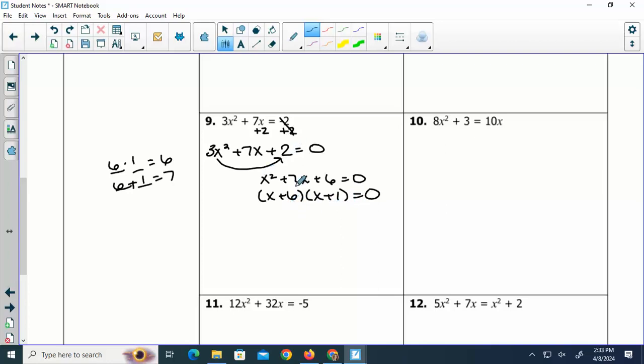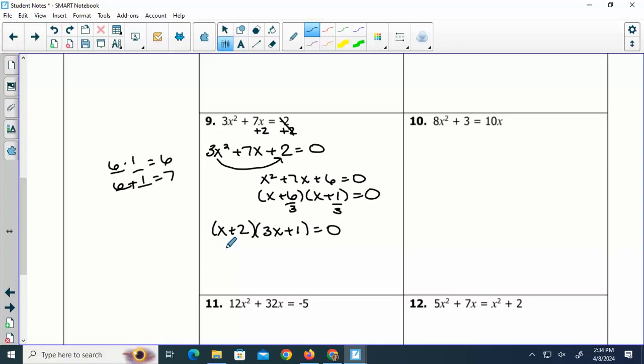We started out multiplying by the 3, so now we divide by the 3. 6 divided by 3 is 2. Okay, the x plus 1/3, so if we bring the 3 back in front, we have 3x plus 1.